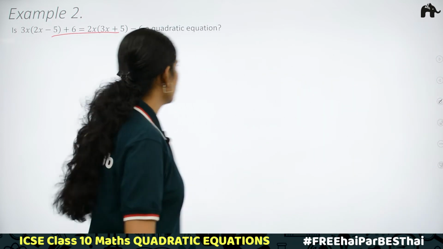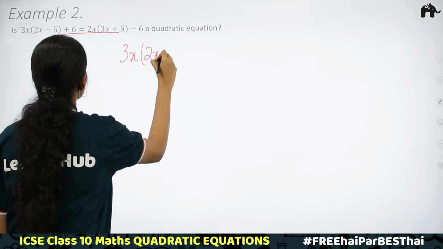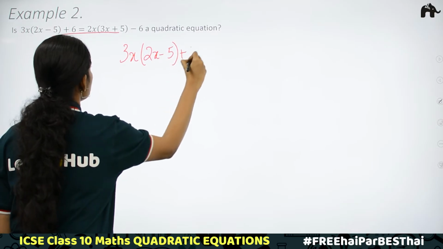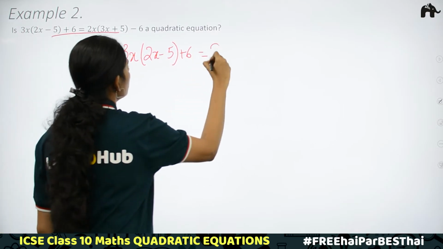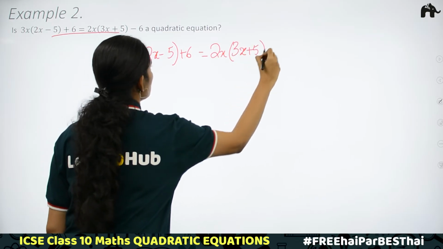Take the expression, that is 3x into 2x minus 5 plus 6 is equal to 2x into 3x plus 5 minus 6.